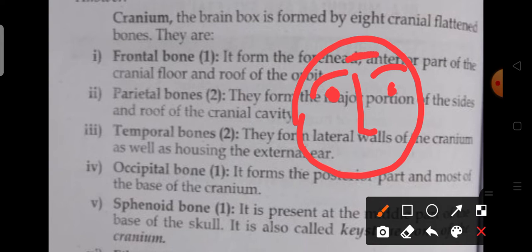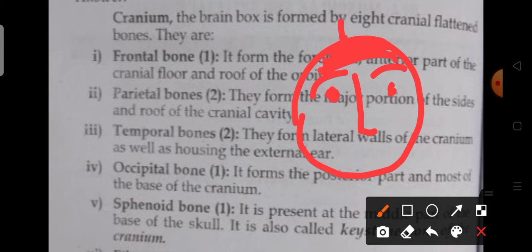It forms the forehead, the anterior part of the cranial floor, and the roof of the orbit. This is the orbit. Anterior is nothing but the front part, posterior means back side, medial means middle part, and lateral means side by side. It's clear now? So only one frontal bone will be there here.